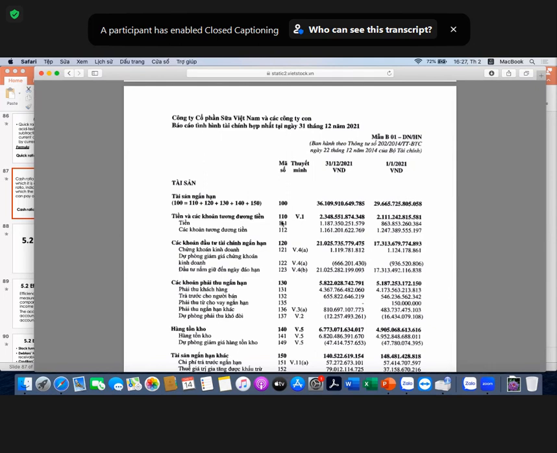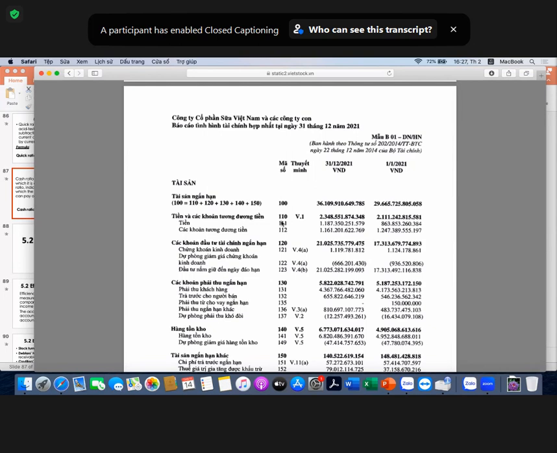The same in 2020: for every 100 đồng of current liabilities, Vinamilk has 15 đồng of readily available funds to pay its current liabilities. Yeah, that is the liquidity ratio.